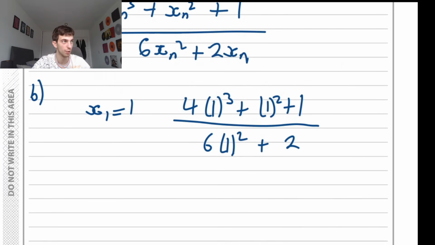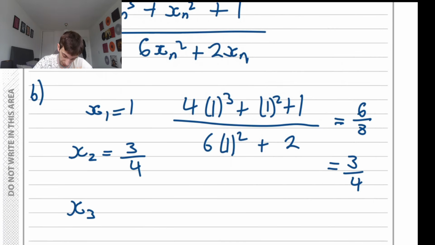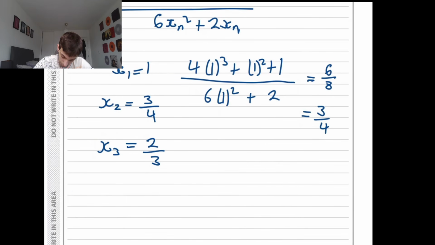So this would be 6 over 8, which does equal 3 quarters for x2. I would recommend just setting 1 equal to the answer, then putting it into your calculator. Then to get x3, all you have to do is plug in 3 quarters, or already have it as the answer in this equation. Set equals, again, after your x2, we get x3 to be equal to 2/3. Just some iteration work. Nothing too bad there.